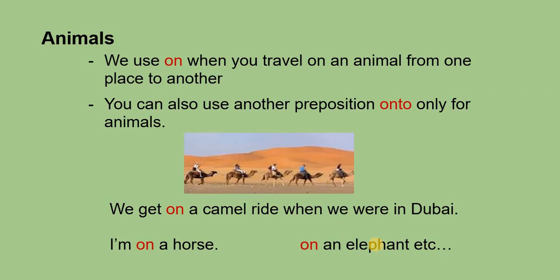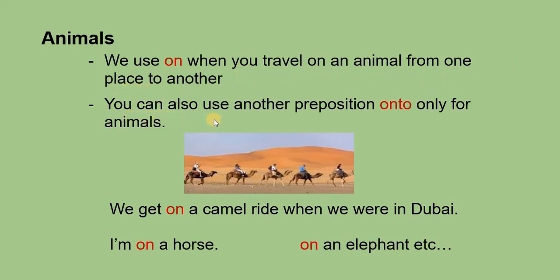Alright? And then the animals, guys. Now, it's not just vehicles, yes? There are people also. They're on the horse or on a camel. Yes. So for animals, we use on when you travel on an animal from one place to another.